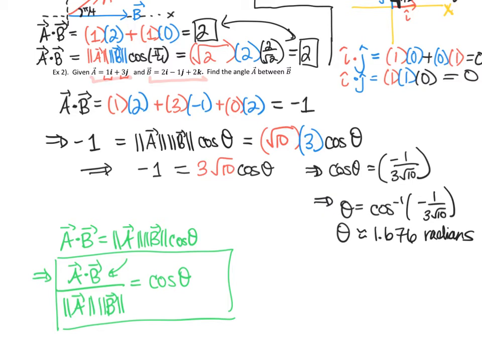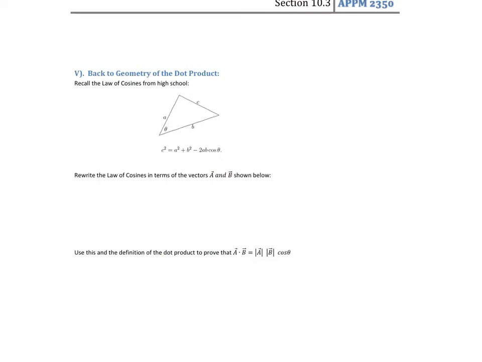Okay, before we do some more applications with the dot product, I want to show you quickly why these two versions, the algebraic and the geometric, are equivalent using the law of cosines from high school. All right, here we're going to show we can start with this definition, the algebraic definition of the dot product. So just say, hey, here's the rule, here's how we're going to define the dot product.